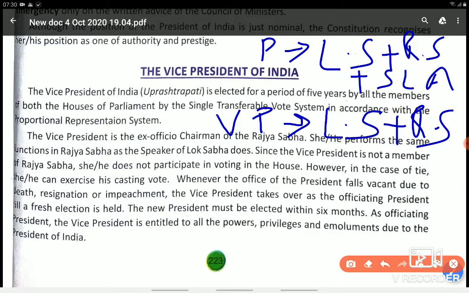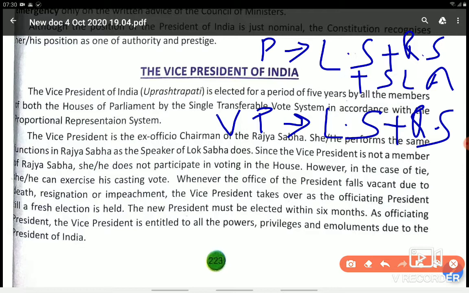The second thing is that in the case of the president, nominated members do not participate, because those nominated members are nominated by the president, so they do not participate in the election process of the president.